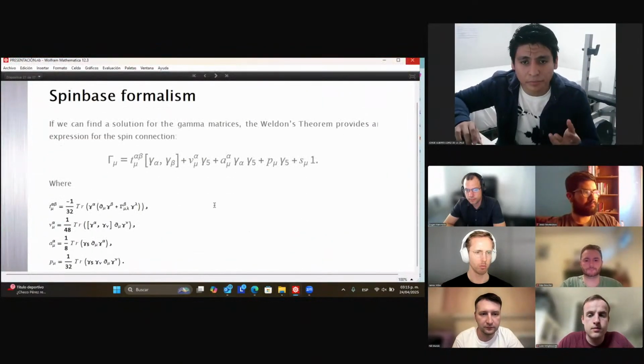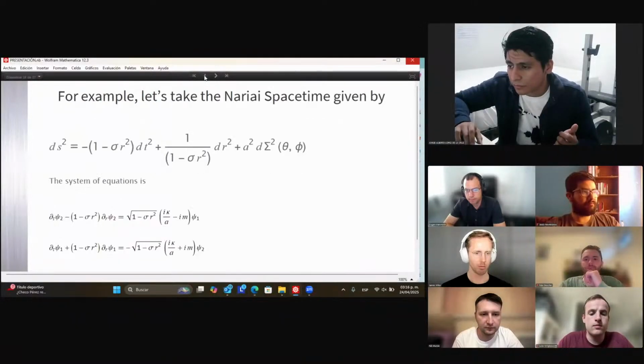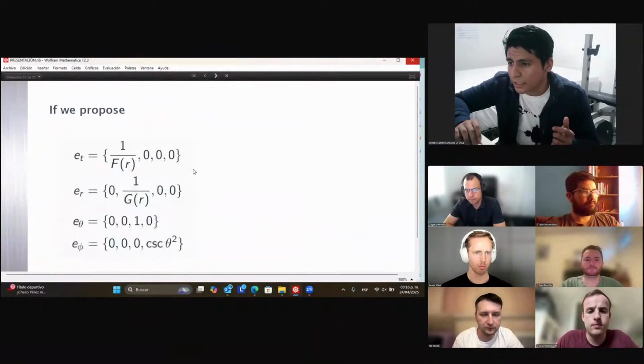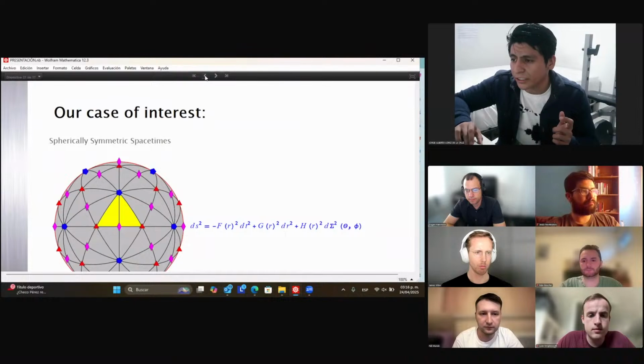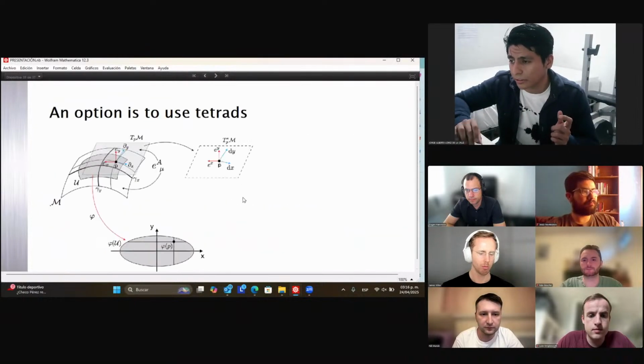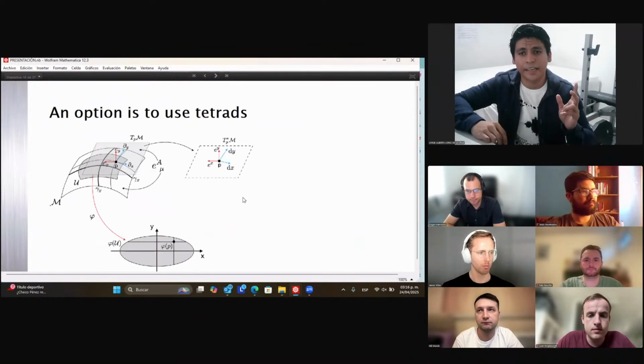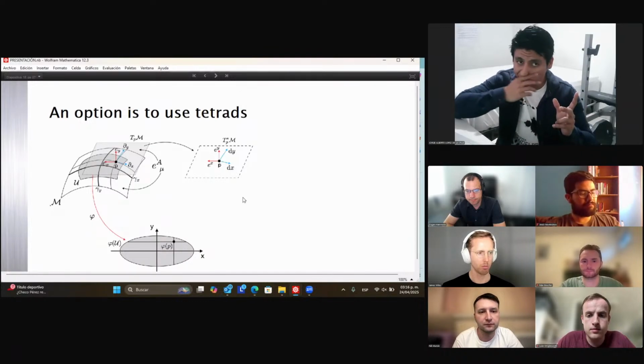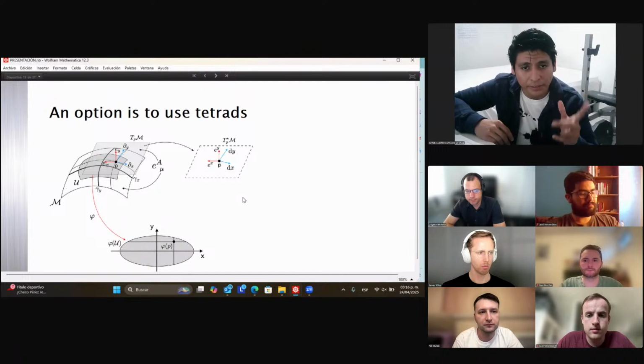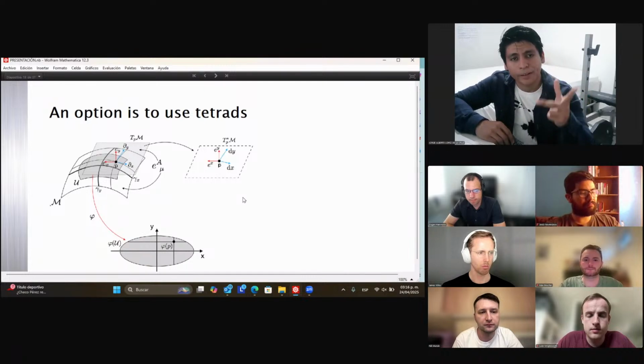it gives us freedom in the choice of the gamma matrices, because in the other formalism, the tetrads formalism, you have strong restrictions. You can only represent orthogonal frames.